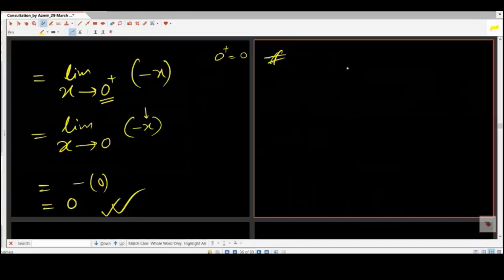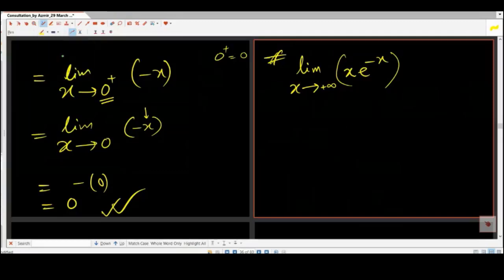Let's consider we have a function x e to the negative x with limit x tends to plus infinity. So we have the function x times e to the negative x. We have to evaluate this limit.